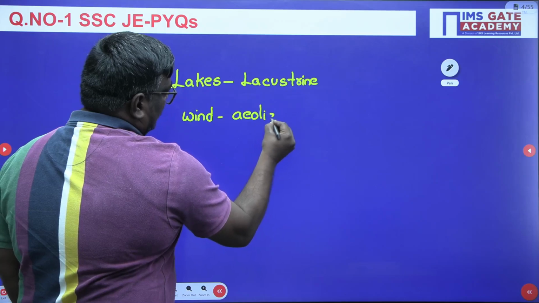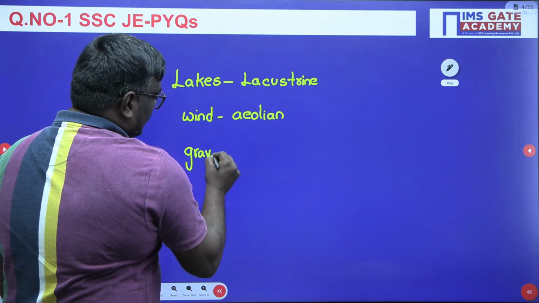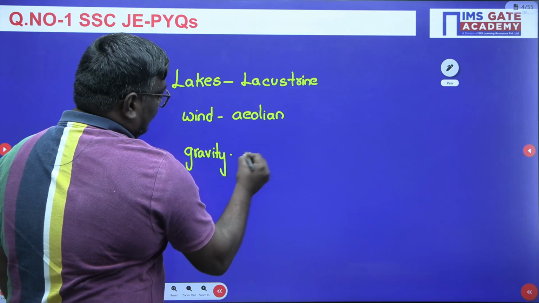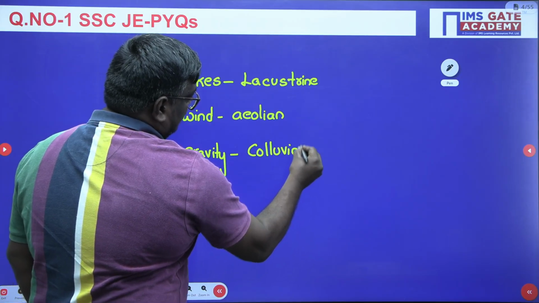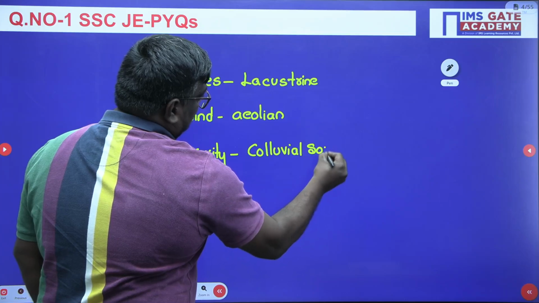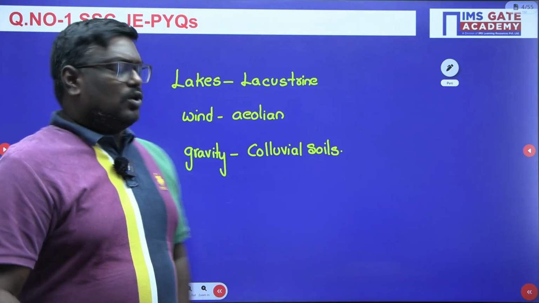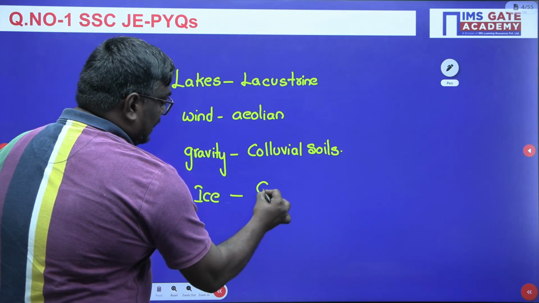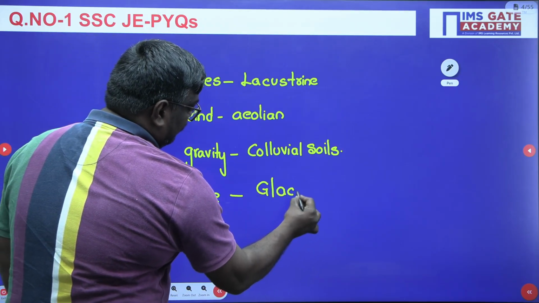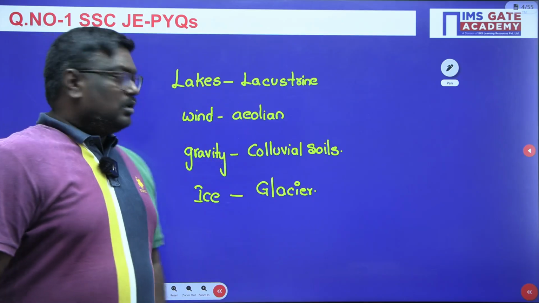Soils which are transported by gravity, we call colluvial soils, and the example for gravity soils or colluvial soils is talus. Similarly, if the soils are deposited by ice, we call them glacier deposited soils. They can also ask these kinds of questions, so I have given the insight of these questions, students.